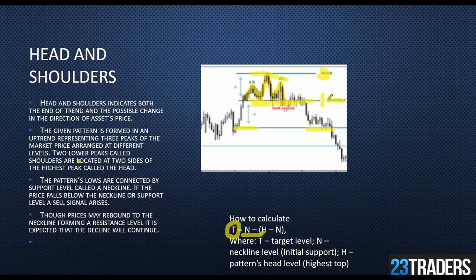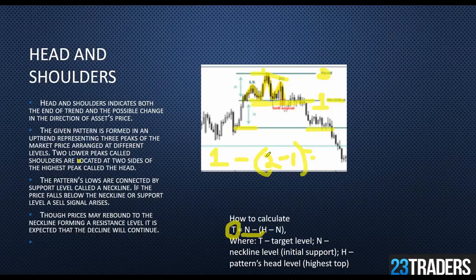What you would do is take the neckline, in this case number 1, or $1, or whatever you want to call it, minus the head, which we said was 2, minus the neckline, which we already assigned the number 1. And this will give us the target price moving down.